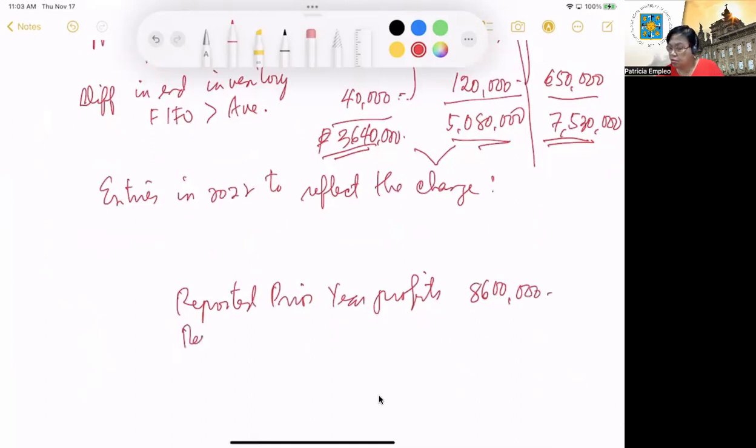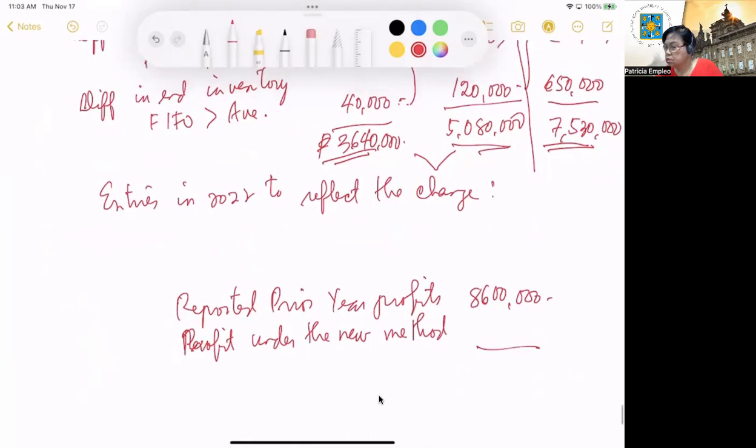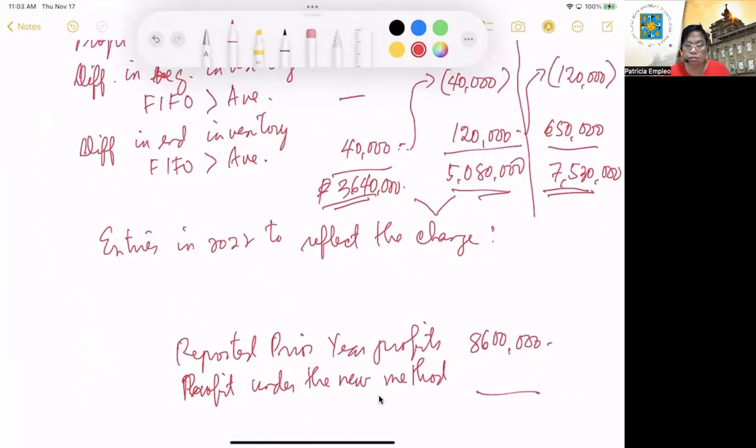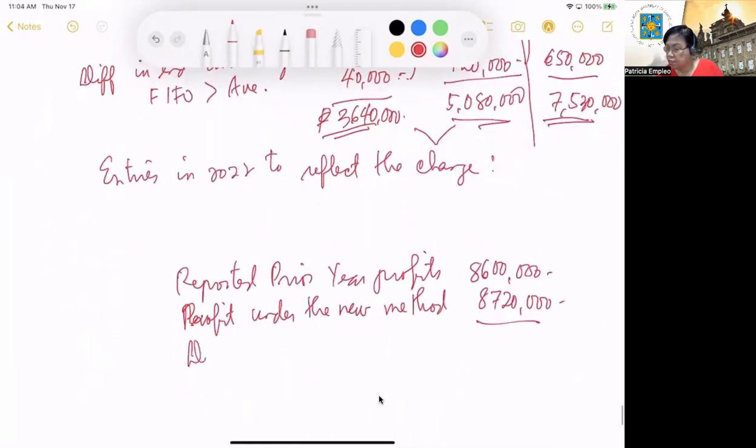Whereas reported profit under the new method is 5,080,000 and 3,640. So it's 8,720. Therefore, the difference is 120, and that difference actually will increase retained earnings.